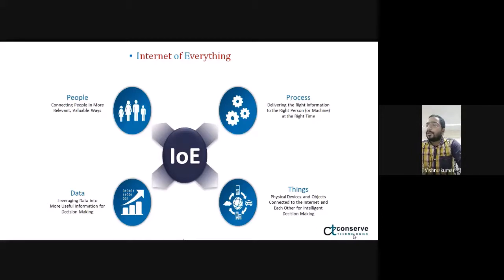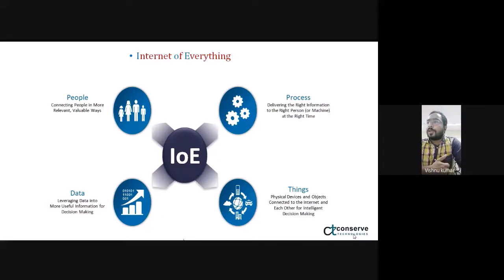Another thing is the physical objects connected to the internet. That is called things. That is also used for decision making. These things will come in our scenario. We can connect the things through the internet.